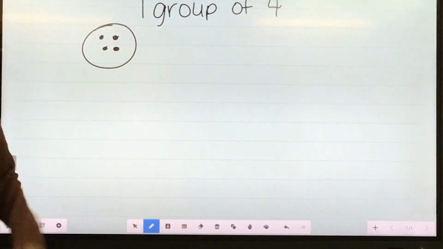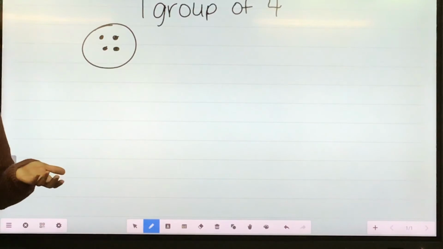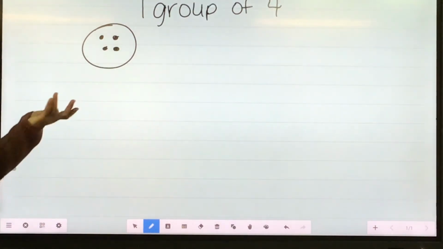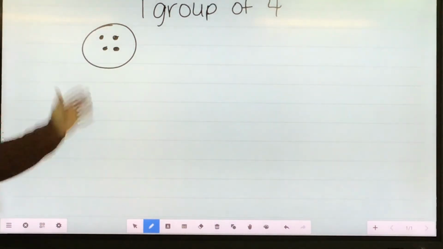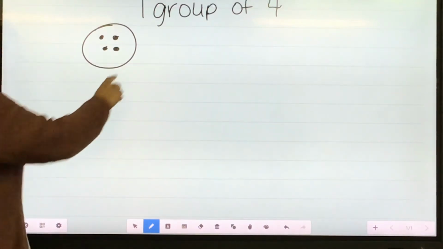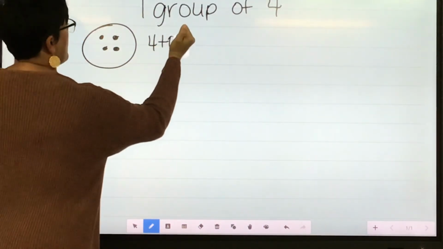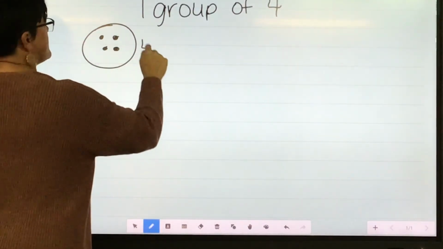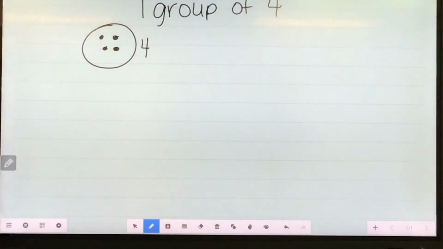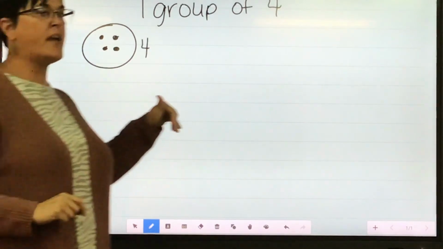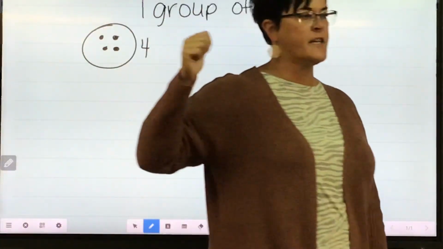So what would our addition be for this one? Just 4. There's nothing that's added to it, is there? You could say that it's 4 plus nothing, right? Or you can just leave it as 4.